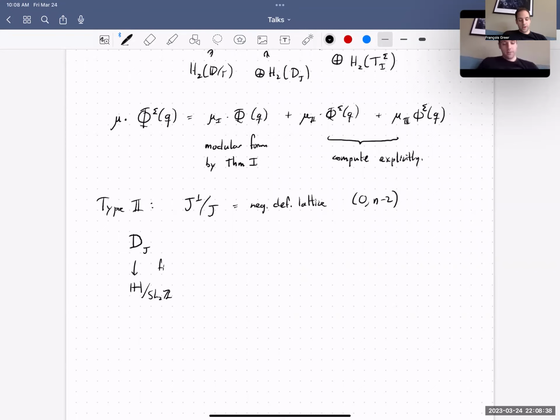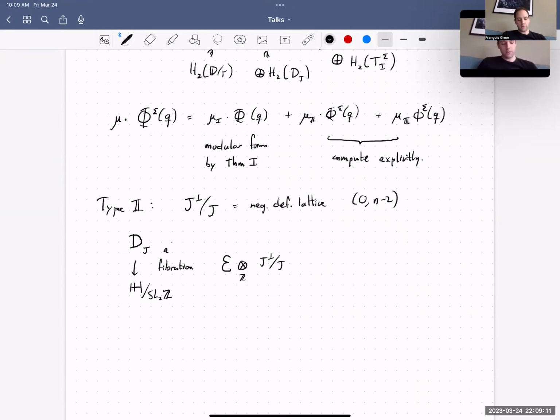And so this fibration is just the universal family of elliptic curves over that modular curve, but then self-fibered product with itself, n minus 2 times. So I can write that as E tensored over Z with J perp mod J. So here I'm thinking of J perp mod J just as a free abelian group of rank n minus 2. And if I tensor an elliptic curve with that free abelian group, it's the same as just taking a self product of that elliptic curve.